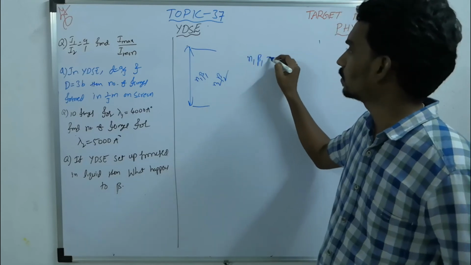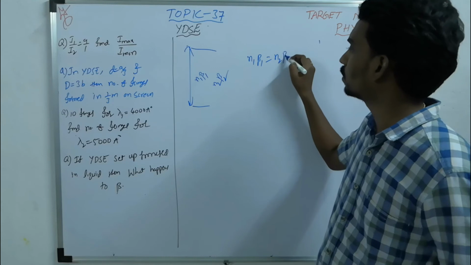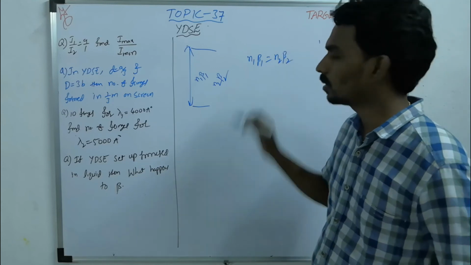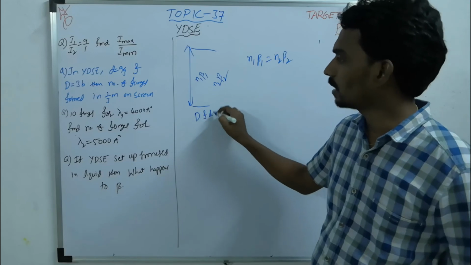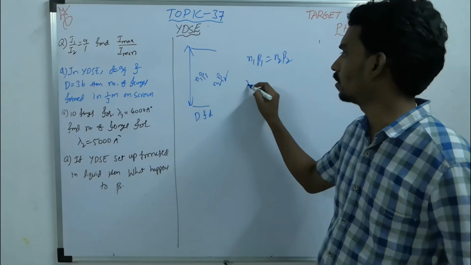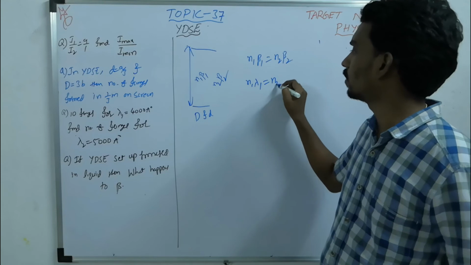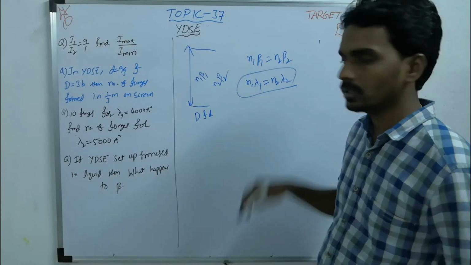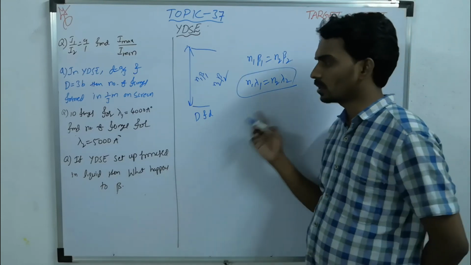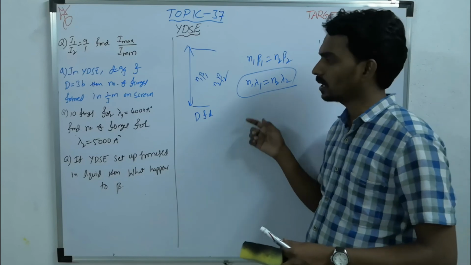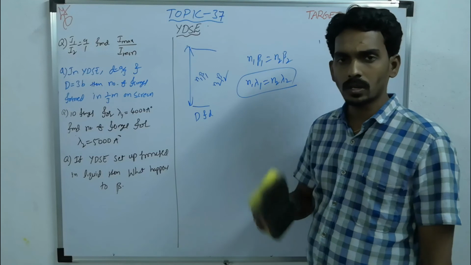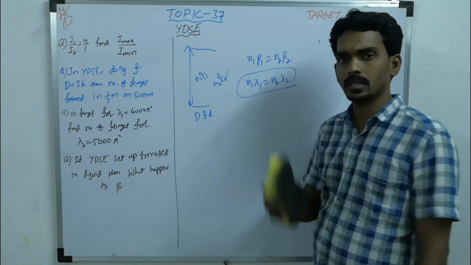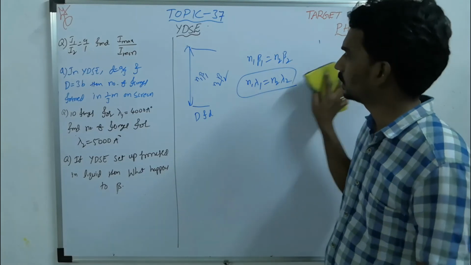Both lengths are same, so n1 beta 1 equals n2 beta 2. Beta equals lambda D by d, but capital D and small d are the same for both wavelengths. Therefore n1 lambda 1 equals n2 lambda 2. Again the same condition. So based on the same formula, they are asking the question in different manner. So understanding the question is important, then you can do it easily.